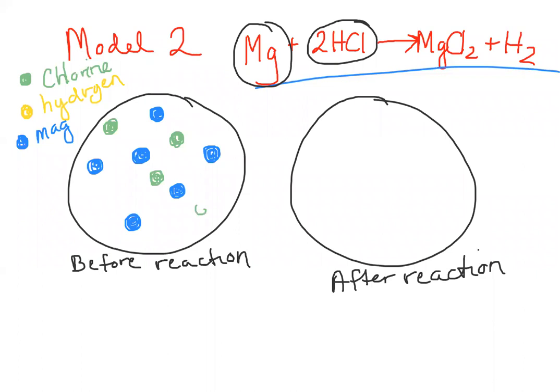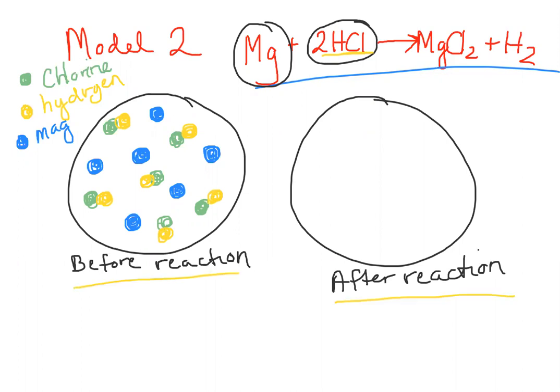They have 6. And they are joined with a hydrogen atom because HCl. So that's what we have before the reaction.